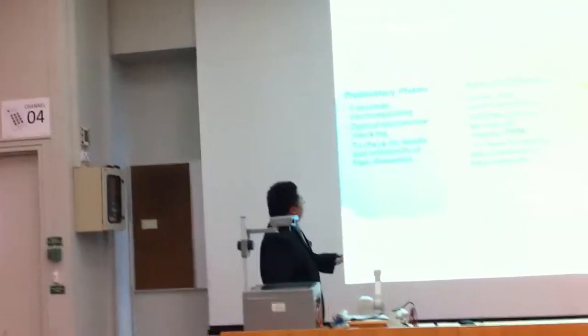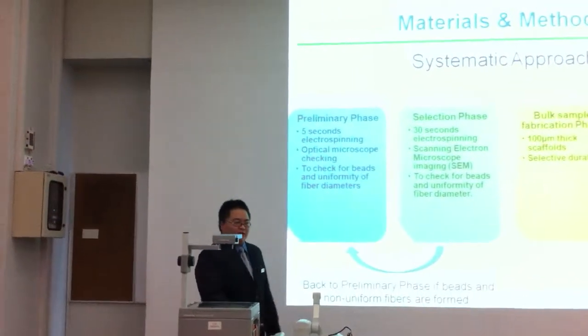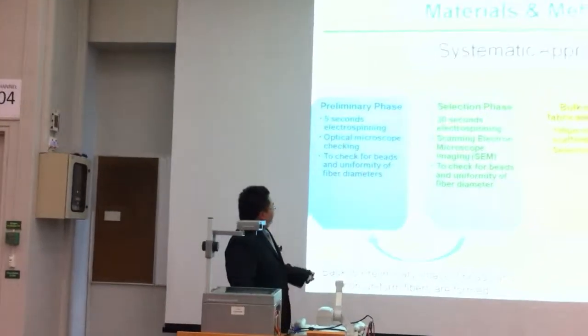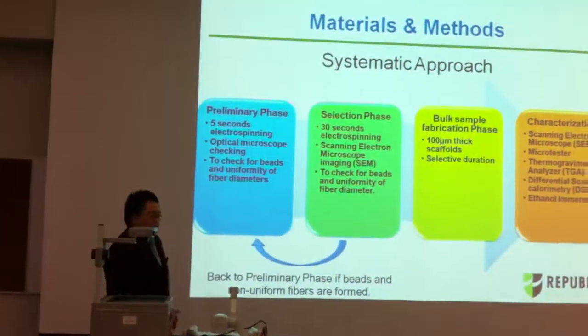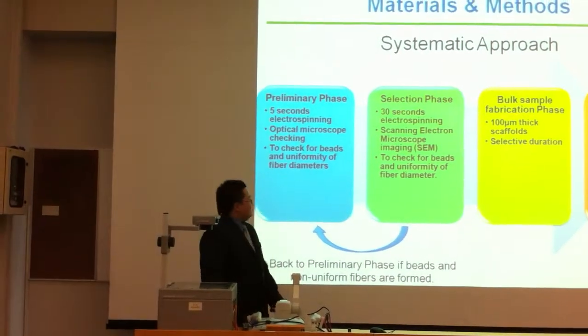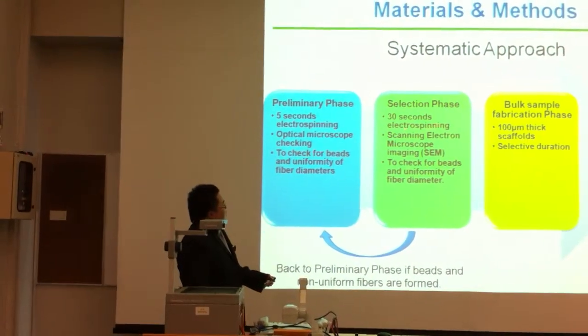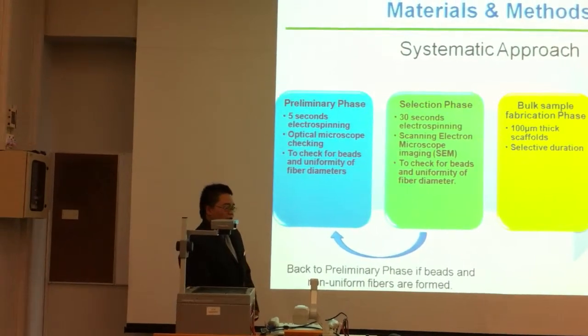So at the end of the preliminary phase, there are a total of 44 different sets of process parameters that have been explored. So out of 44, only 27 of them will then be used in the selection phase for the further determination of macro-sized beads. So in the selection phase, there will be 30 seconds of electrospinning, and after that, these images will then be viewed under the scanning electron microscope.